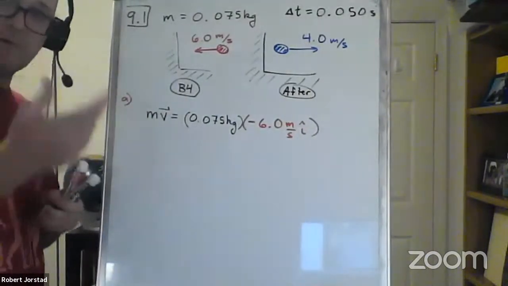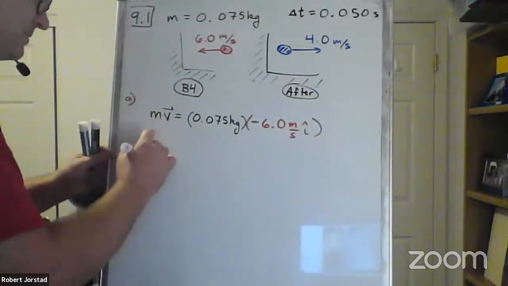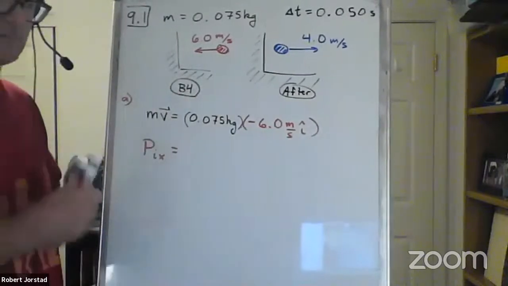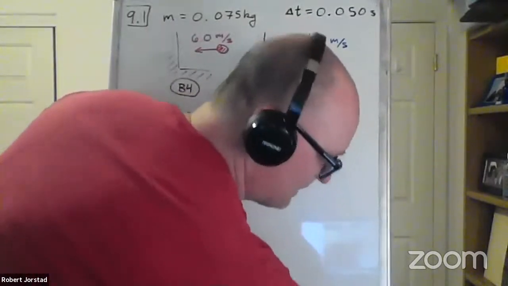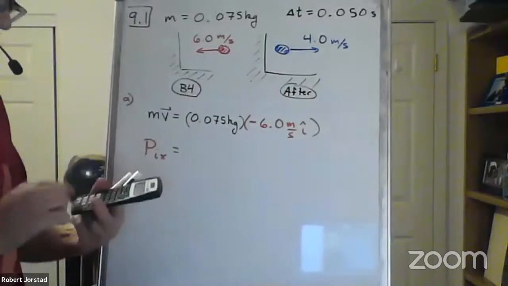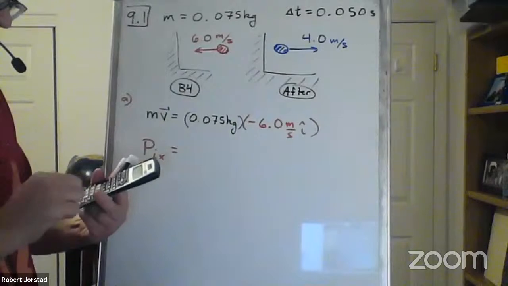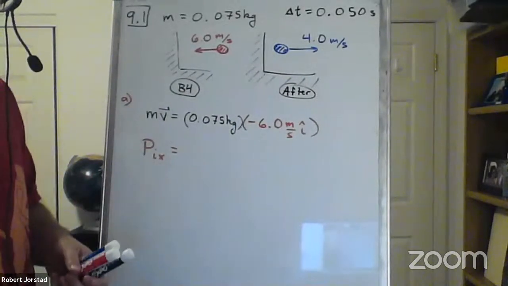Now, sometimes what we might do is we could say this is p initial in the x. And then I'm just going to punch in these numbers just so I don't have to keep rewriting them. 0.075 times 6. So 0.45.